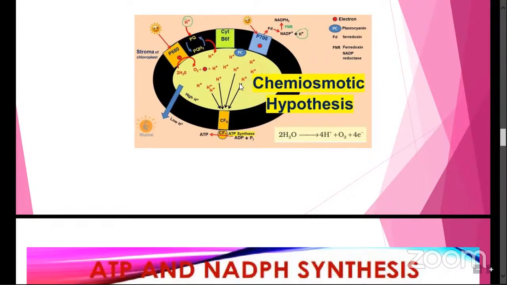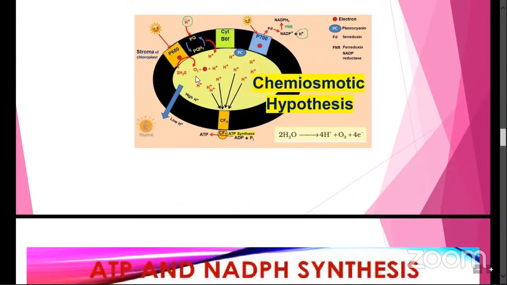So in two ways, the proton concentration is increasing in the lumen. One way is from the stroma: with the support of cytochrome, protons are pumped into the lumen. In another way, photolysis of water also takes place on the inner membrane of the thylakoid, which results in the formation of three end products.